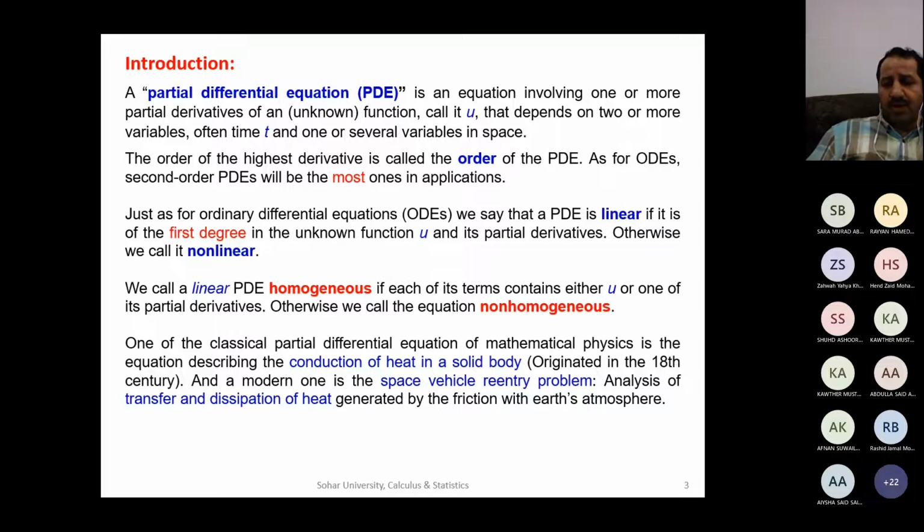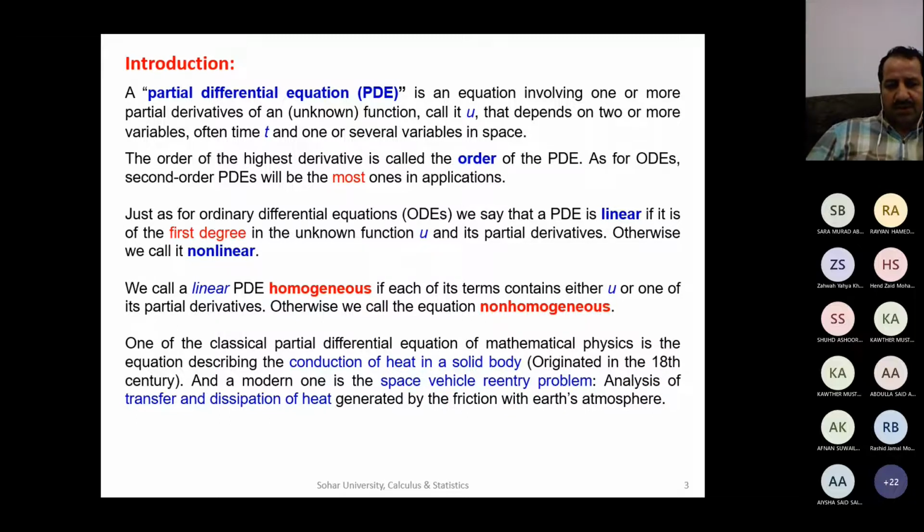They found sometimes the function is related to one variable, but sometimes it's related to more than one variable. Example, talking about the 18th century, the conduction of heat in a solid body. This is an example. Heat and heat flow, something related to chemical engineering.